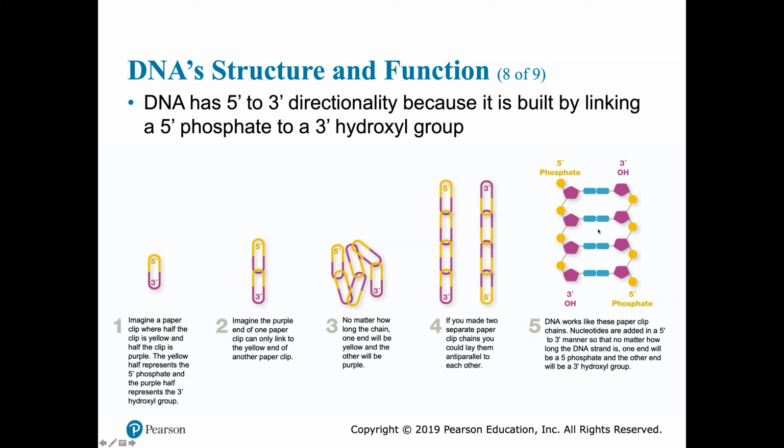Because if they don't face each other, then they can't link together. So this is a really great image showing you directionality. Directionality is going to be very important when we talk about specific functions like transcription and translation and replication. All of those will be required to understand directionality.